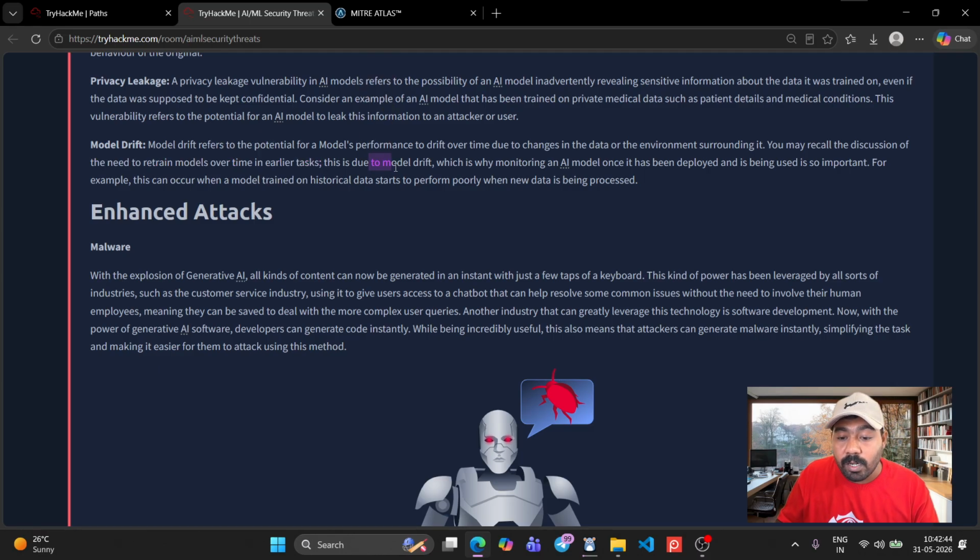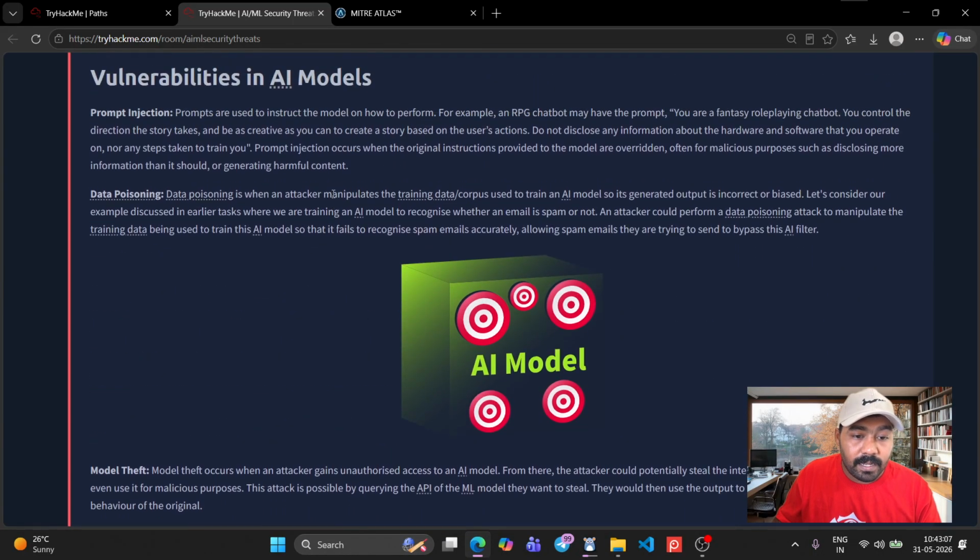This is due to model drift, which is why monitoring an AI model once it has been developed, deployed and is being used is so important. For example, this can occur when a model trained on historical data starts to perform poorly when new data is being processed. So these are the vulnerabilities that are mostly seen in AI models.